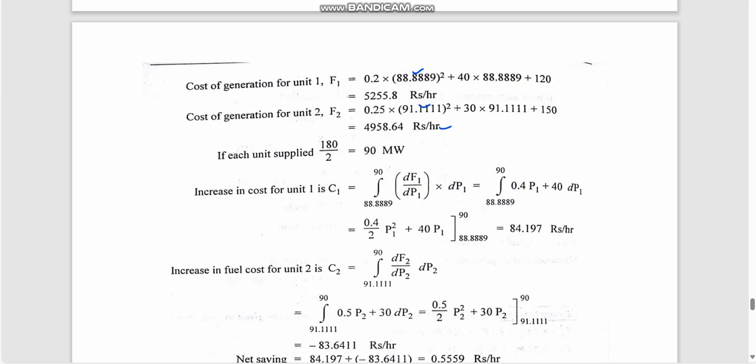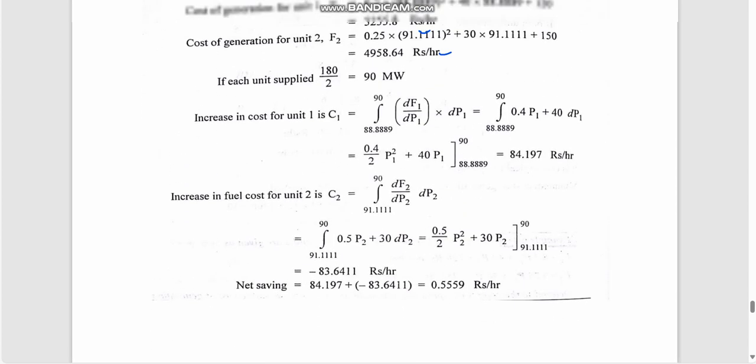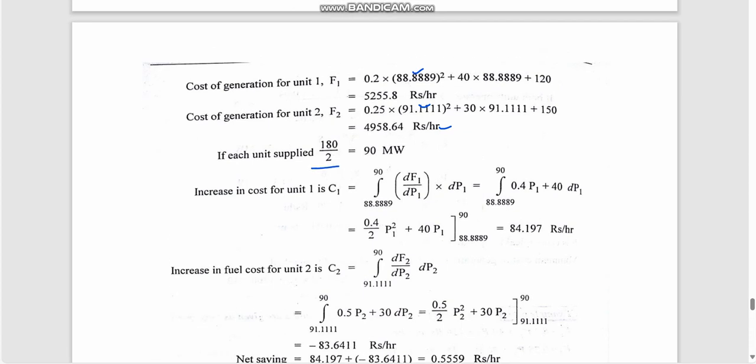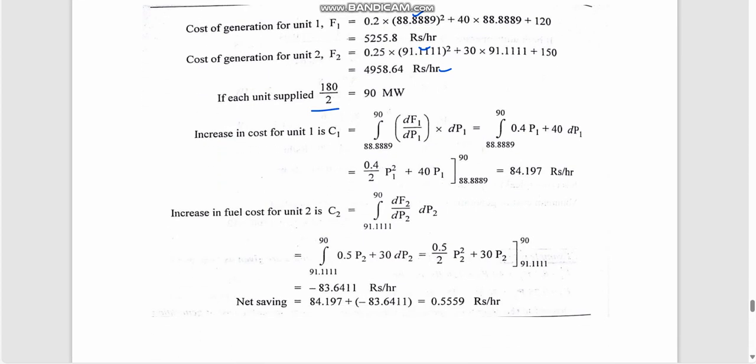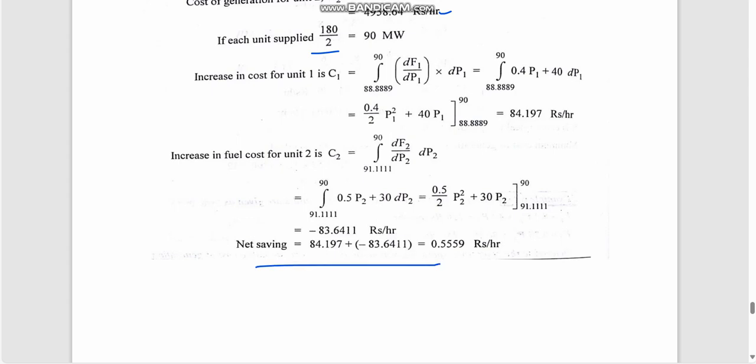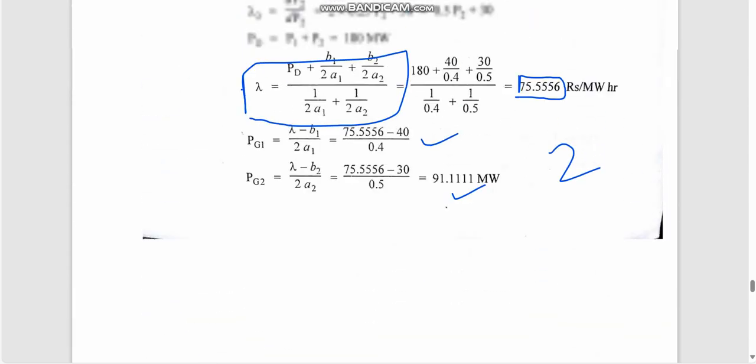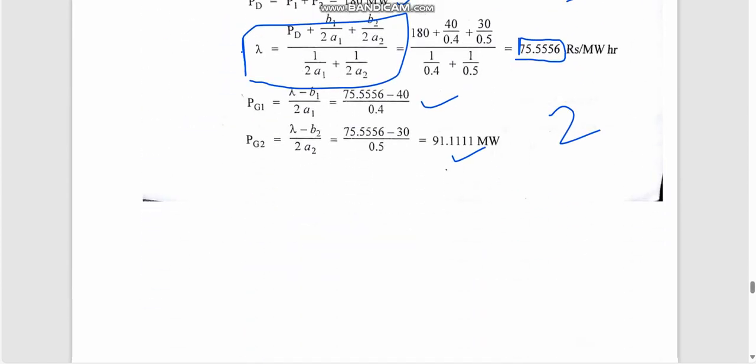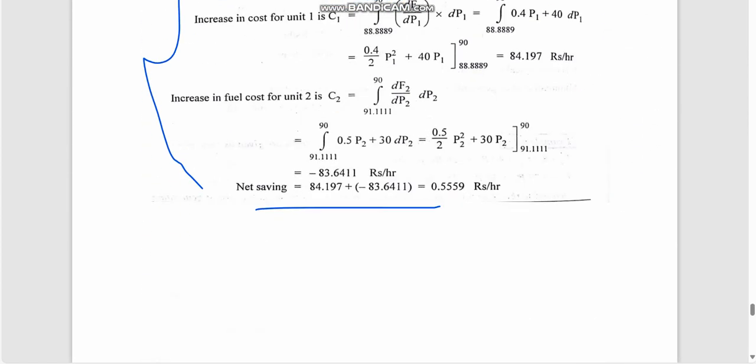You find the value of the cost of generation. Next, when the load is equally shared, we have to find the net saving. If you find the net saving by using the integration method, a total of 7 marks is awarded for the above method. For a successful completion of the answer, you will get 8 marks.